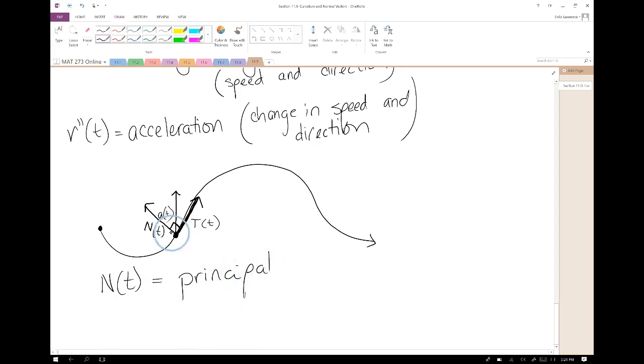And there is a way to just calculate the principal unit normal vector. We're only going to discuss this vector in terms of how we can use it with acceleration, so I actually have an easier way for us to do this rather than calculating that principal unit normal vector.